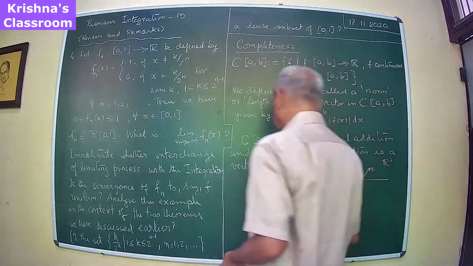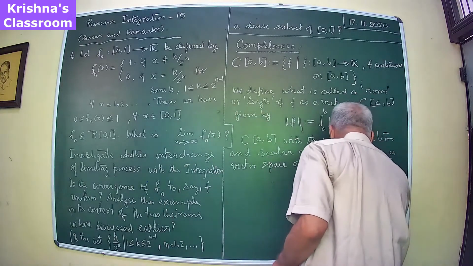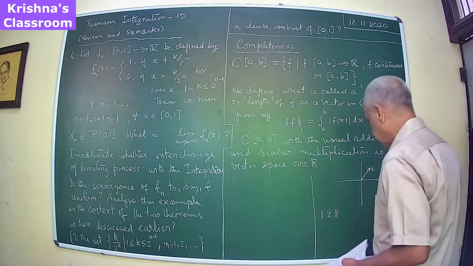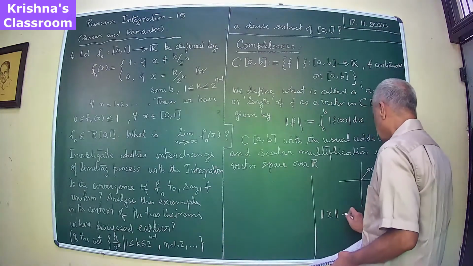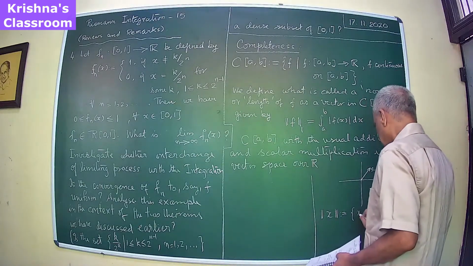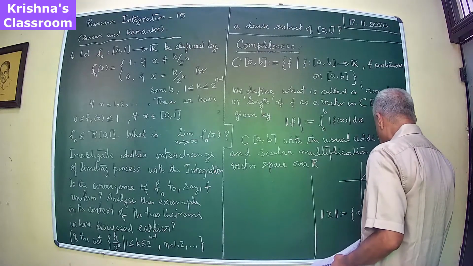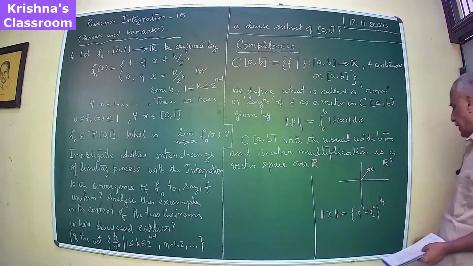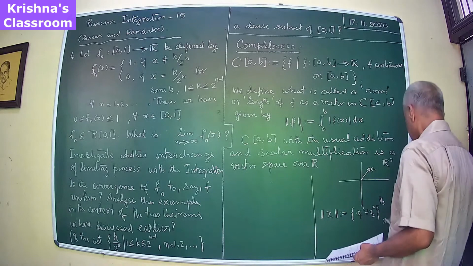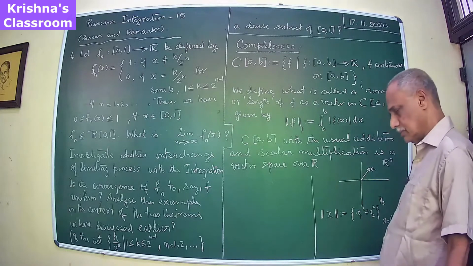So for x we define an associated non-negative number with it, defined by the usual length concept, square root of x1 square plus x2 square, where x equal to (x1, x2). That's the usual Euclidean length of the vector.